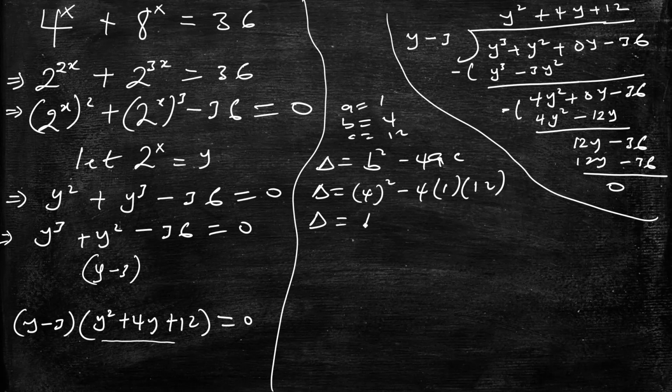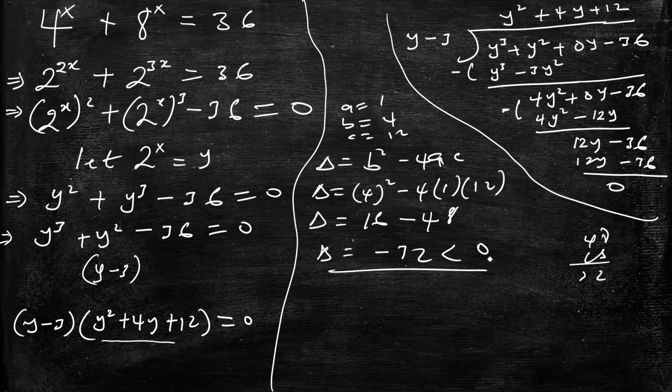So 16 minus 48, so we have minus 32, which is less than 0. So this one will have complex roots, which means this one is not possible for real values. Therefore, we will proceed with y minus 3 equals 0. Therefore, y is equal to 3.